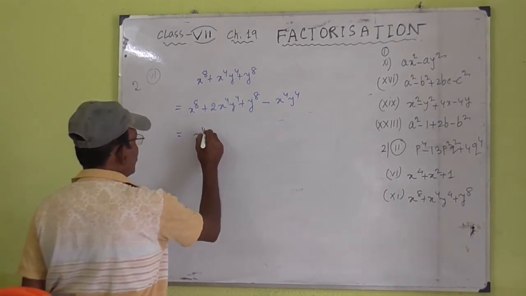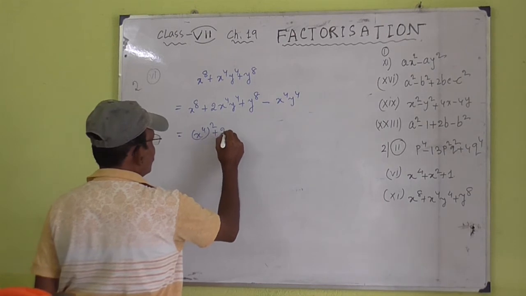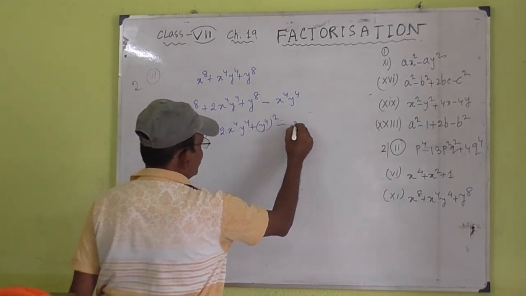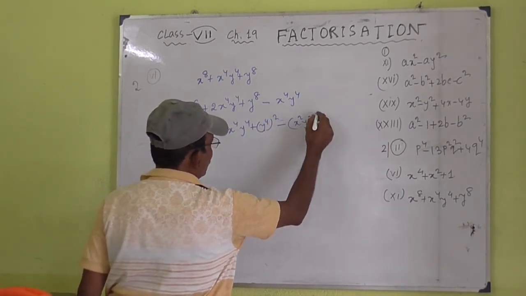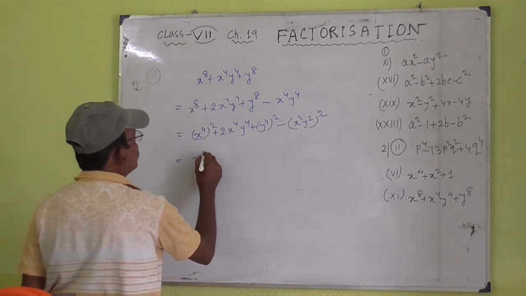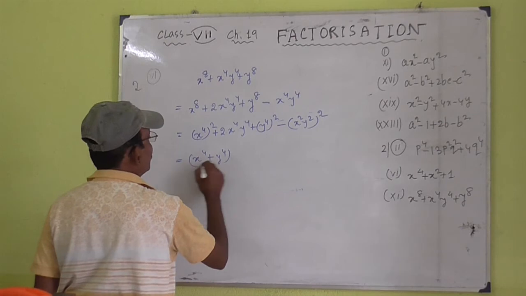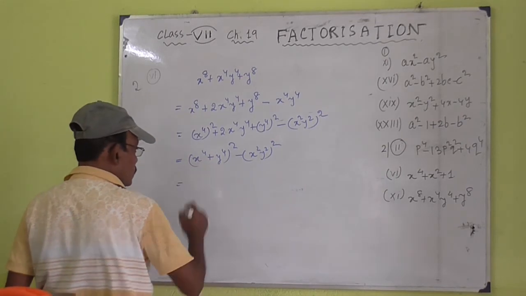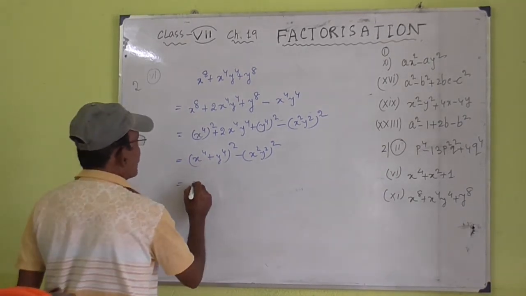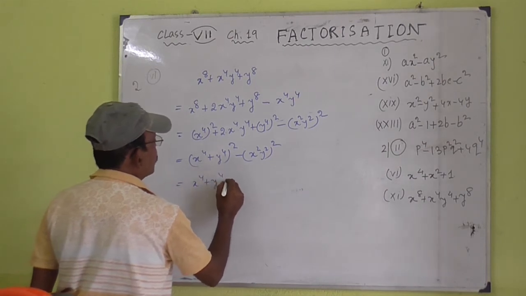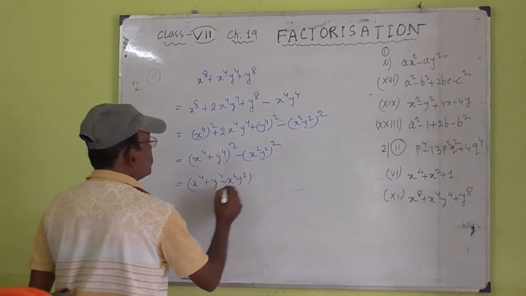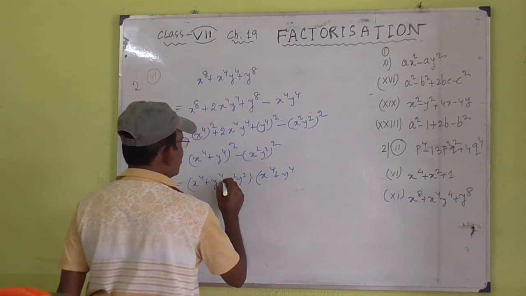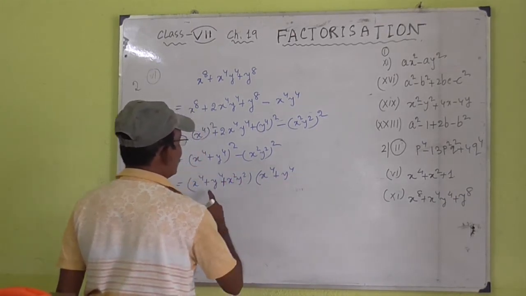So, this is the a square plus 2ab plus b square, minus x square y square whole square. So, x to the power 4 plus y to the power 4 whole square minus x square y square whole square. So, this is the form of a square minus b square, x to the power 4 plus y to the power 4 minus x square y square, x to the power 4 plus y to the power 4 plus x square y square.